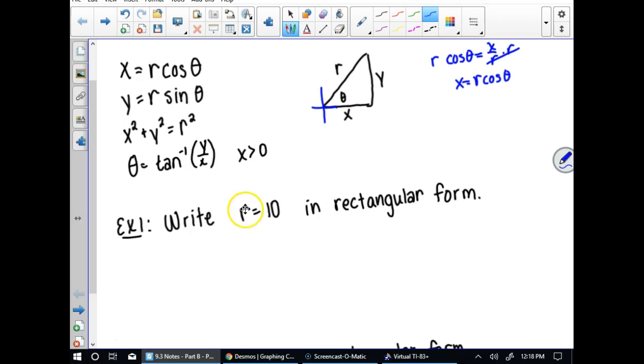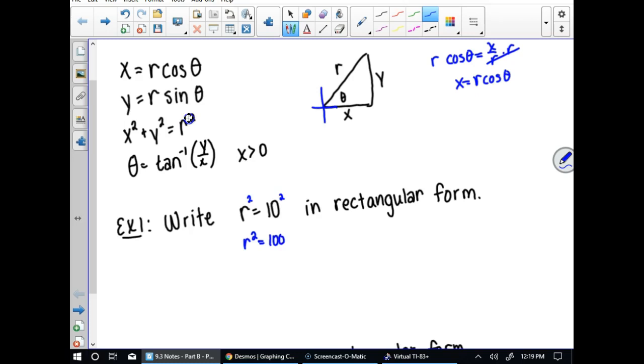I don't know what R equals, but I do know what R squared equals, right? So if I squared both sides of this equation, you can't always do that, but when you have a number there, you definitely can. R squared equals 100.